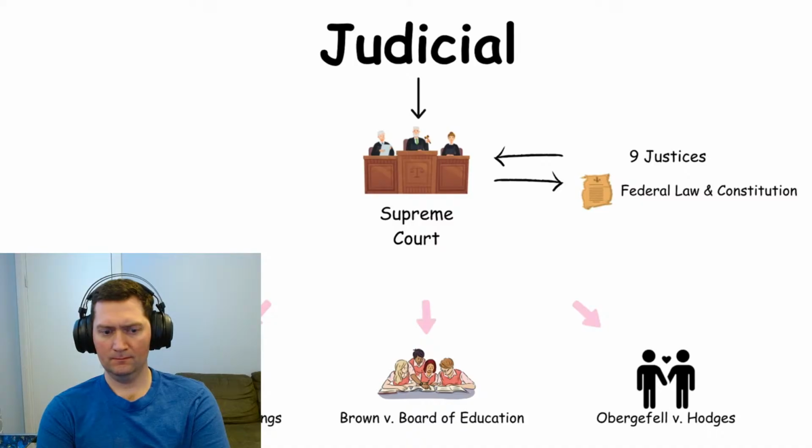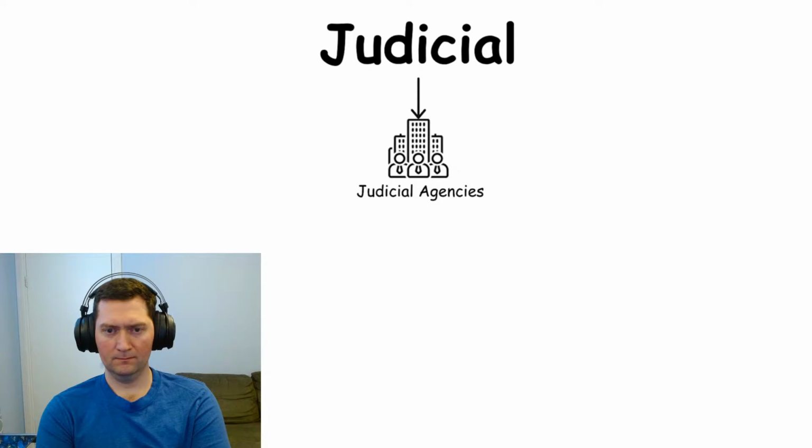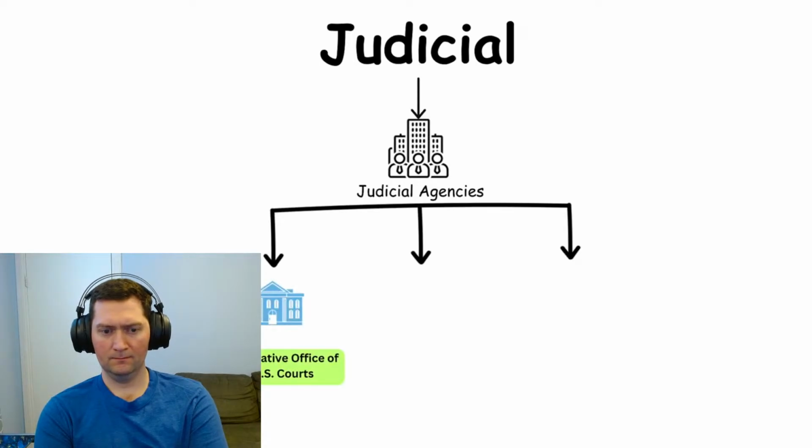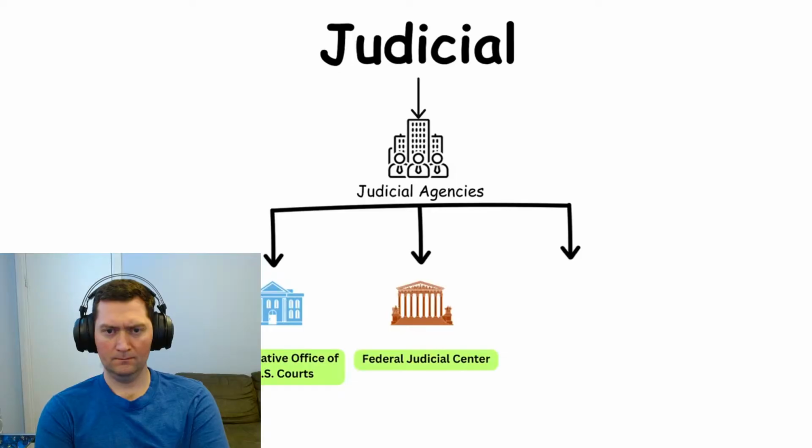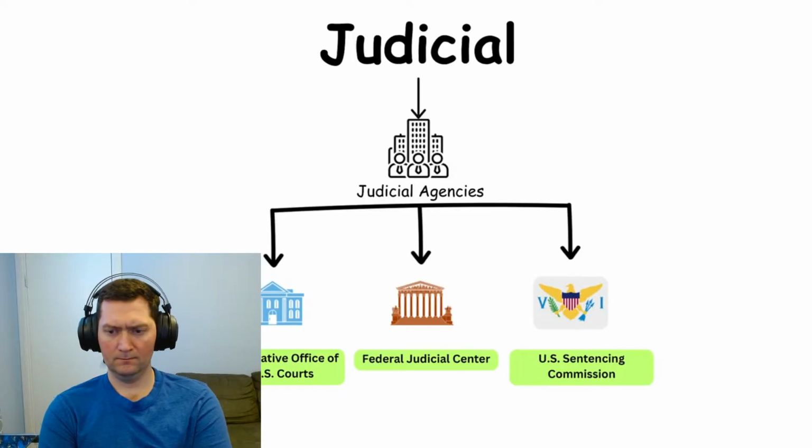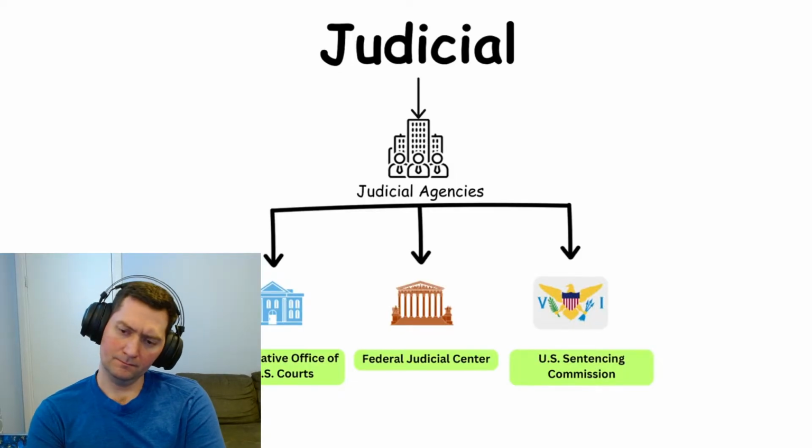But the judicial branch is more than just the Supreme Court. It is supported by a network of agencies, such as the Administrative Office of the U.S. Courts, which provides administrative support and guidance to the federal courts. The Federal Judicial Center conducts research and offers education programs for judges and court staff, while the U.S. Sentencing Commission establishes sentencing policies for the federal criminal justice system.